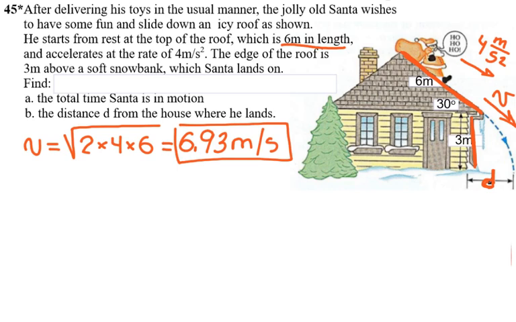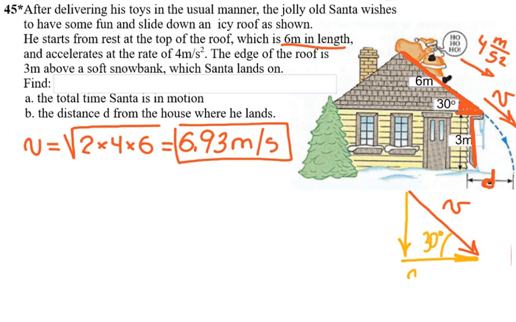I'm going to redraw this velocity on the side right here. So this is your velocity, and they give you an angle of 30 degrees with the horizontal. So I'm going to make a horizontal component and a vertical component of that velocity, with an angle of 30 degrees or theta.